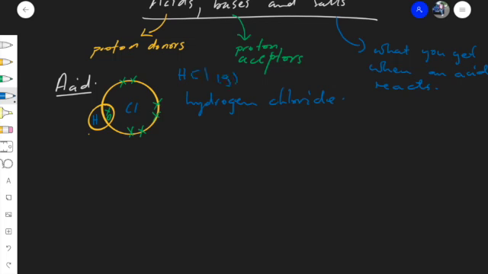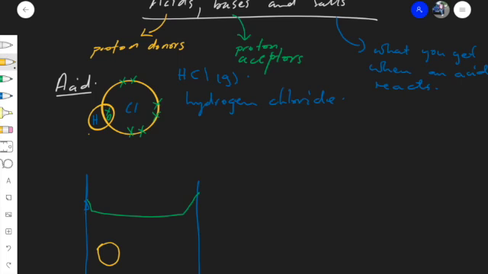So if we take this hydrogen chloride and we put it into a beaker of water, what is going to happen essentially is this: your hydrogen and your chlorine are going to separate.